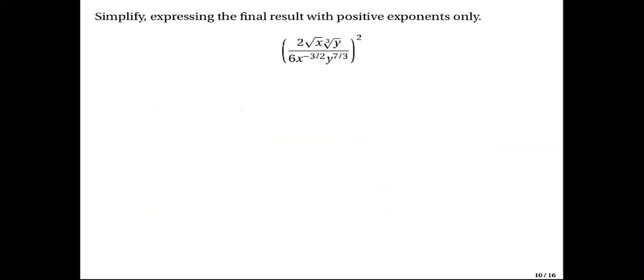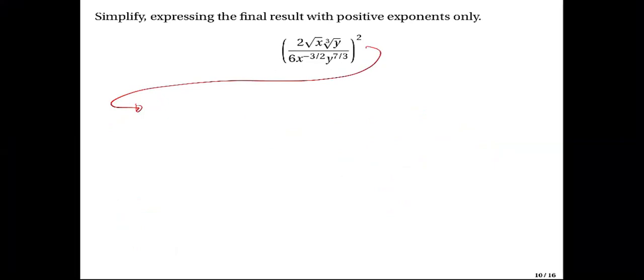Let's go to our next problem here. Quantity 2 square root of x cube root of y all over 6x raised to negative 3 halves y raised to 7 thirds, everything being squared. So one of the tips that I gave, when you have something like this combination of radicals and exponents, is to write everything in exponent form.